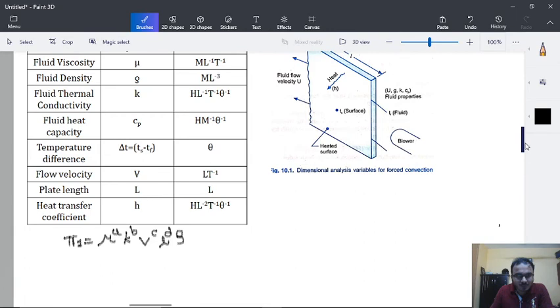So now one by one we will put the dimensions of each term. The dimension for pi term will be nothing, so we will put 1 over here.